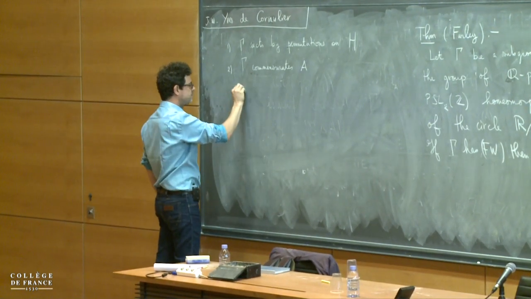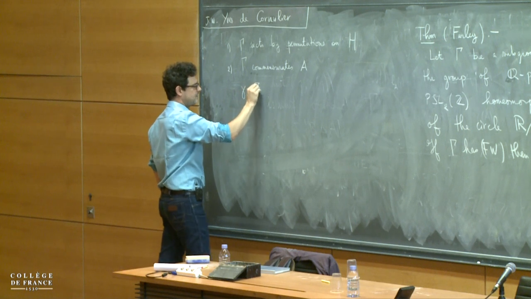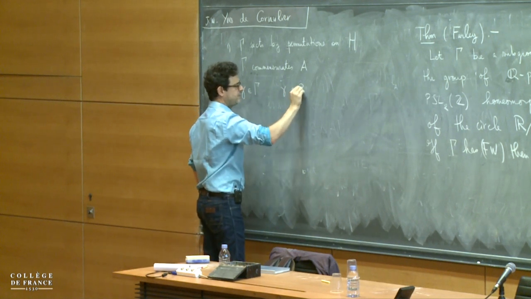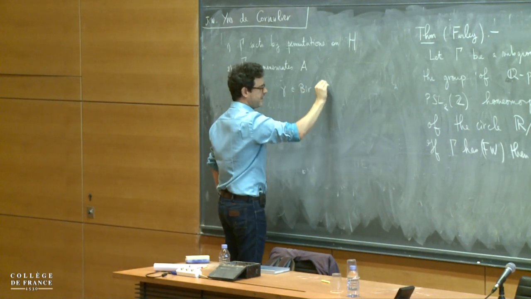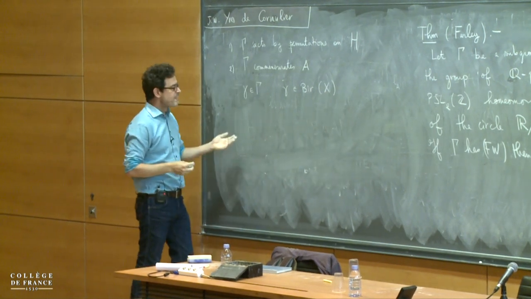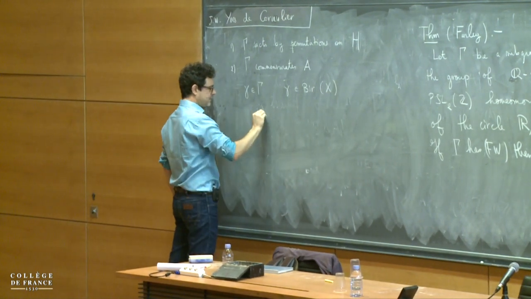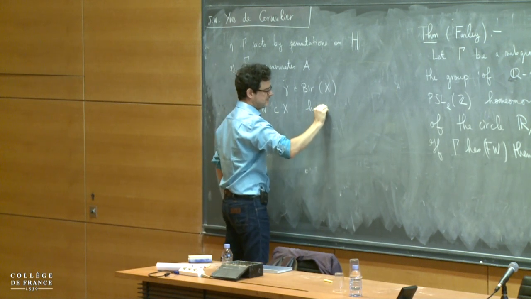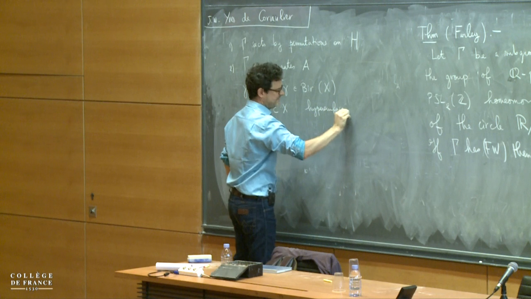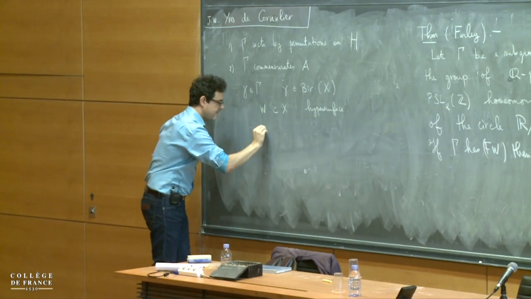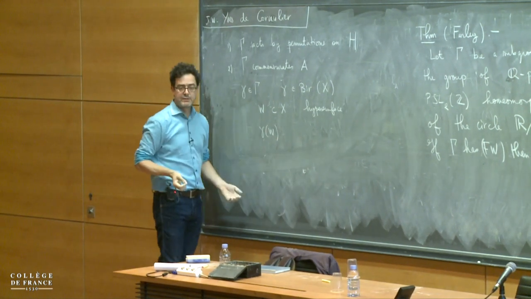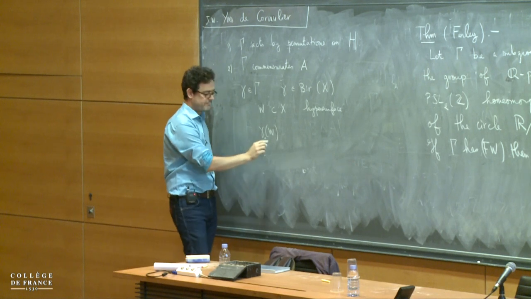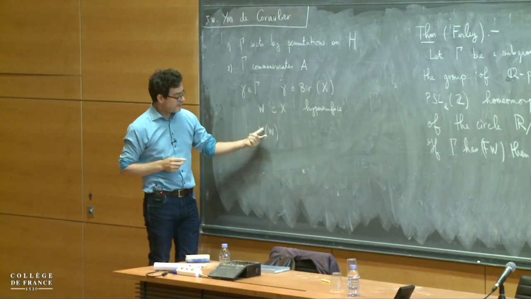So this is easy. You take an element in gamma. So gamma is a birational transformation of X. And you take a hypersurface W in X. And you look at gamma of W. Okay? So that's a strict transform. Okay. So there are two cases.